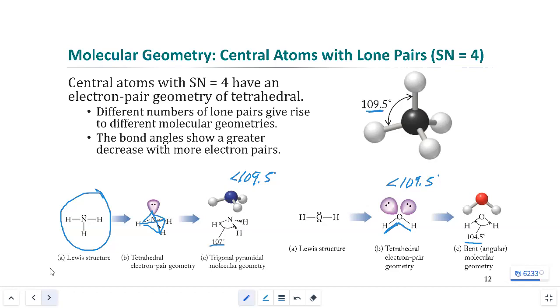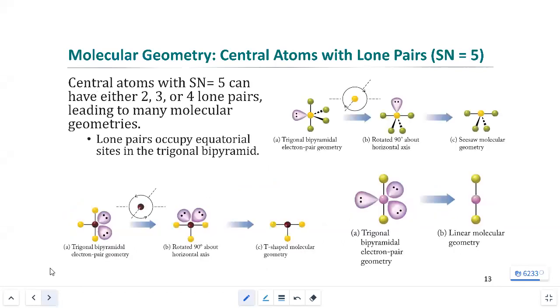But it doesn't have to be that way. If you showed a three-dimensional shape that had a hydrogen up here and a lone pair here, that would be okay too. The 4 positions are equivalent to each other. They're all the same distance apart. But with this one, they're not. So we have to be picky about where we put those lone pairs.